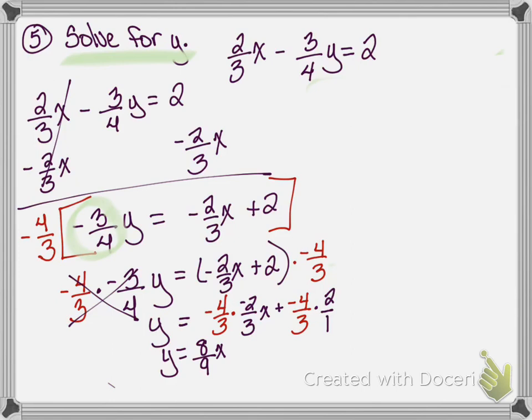Then I'm left with minus 8 over 3. Now I get exactly the same thing, but I just wanted you to realize that that's another way that it can be done. Okay? Now, let's move on to inequalities.